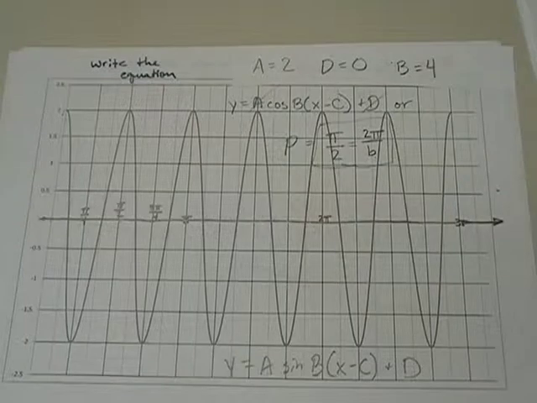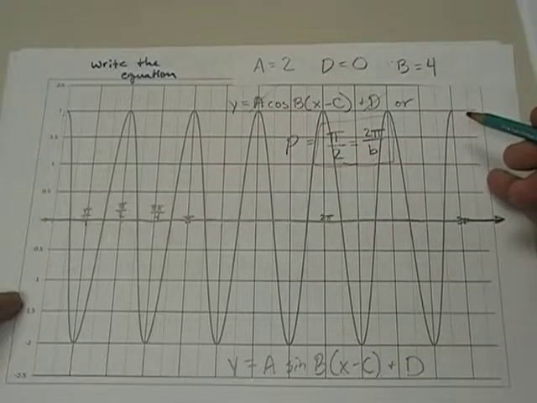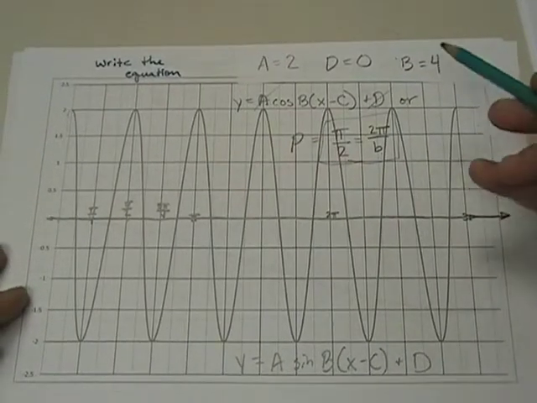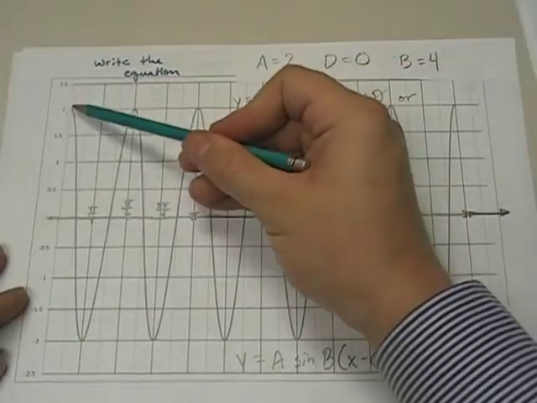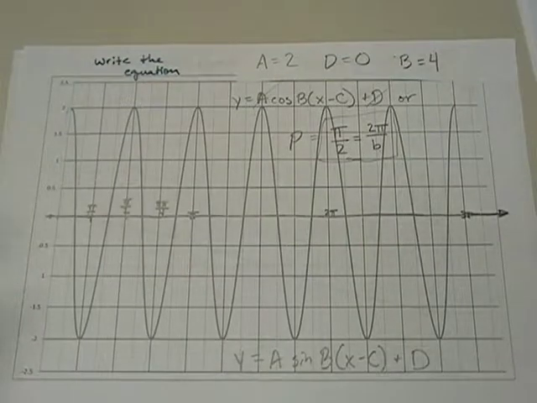At this point, you have to choose whether you want this to be a sine or a cosine graph. Now, I'm going to do both. I'm going to do sine and then I'm going to do cosine. I'm going to start with cosine because cosine would be very easy to do here. This graph starts at a peak. Where's cosine supposed to start? At a peak.